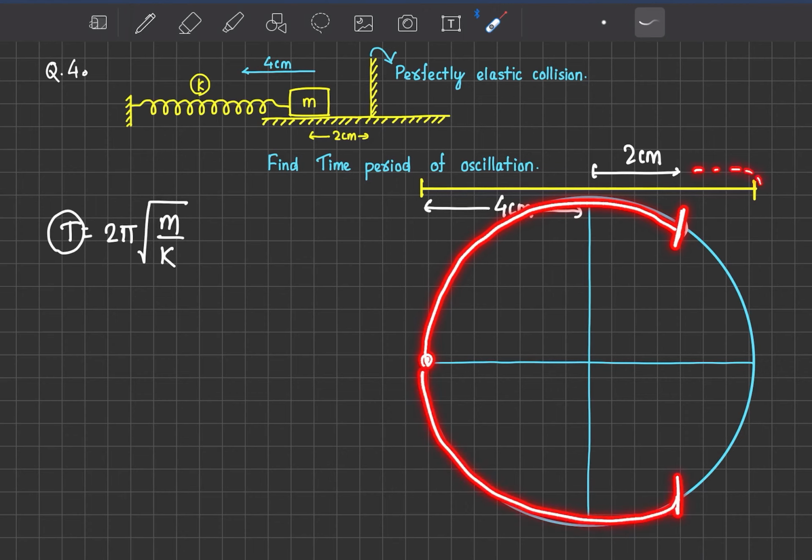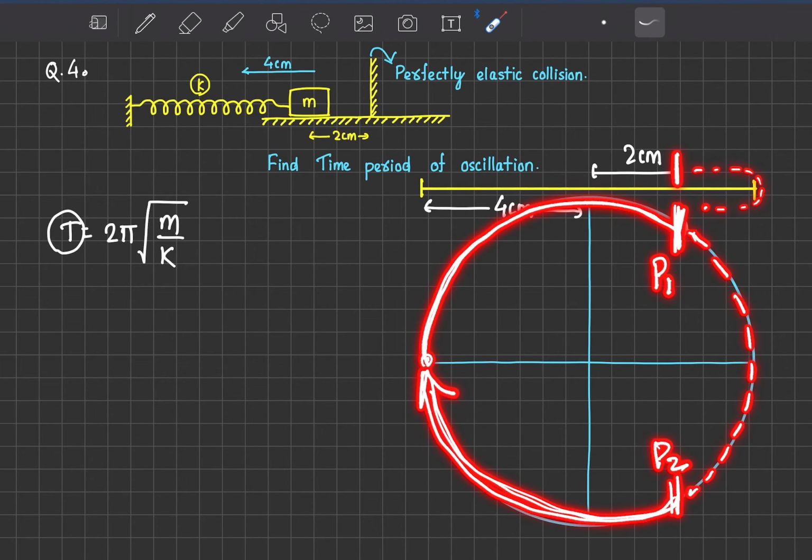This dotted portion we are missing, so correspondingly in the circle this dotted portion of the circle will be missing. The particle will reach this point P1 in the circle, and from point P2 it will again come back to the mean position, again reach P1, again from P2 it will come. So these dotted portions will be missing.